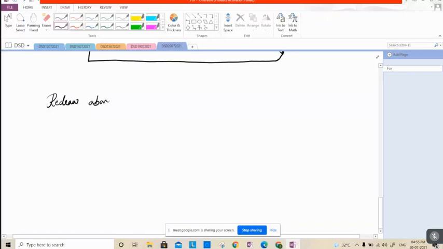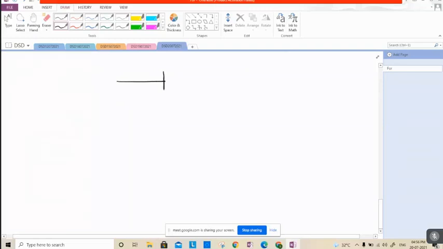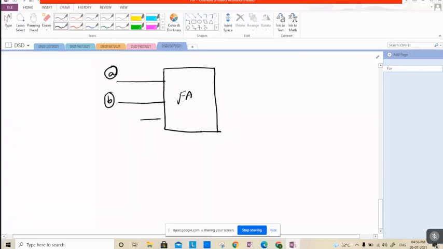Redraw the above circuit. This is A and this is B. This value is to be provided.